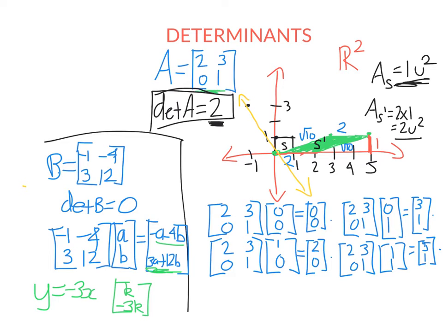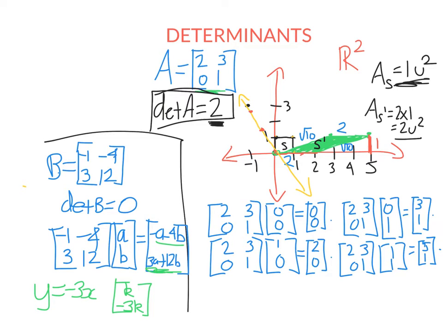It would move all of the vertices of this square onto that line. And so, of course, because all those vertices would lie on this line, a line has area of 0. So the area of the square has been multiplied by 0 and the square has been mapped to a line.